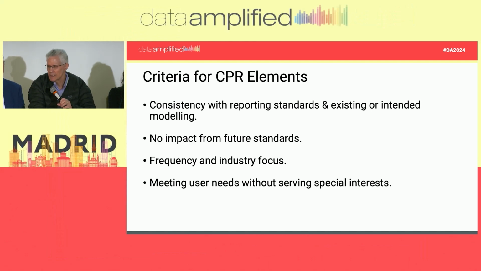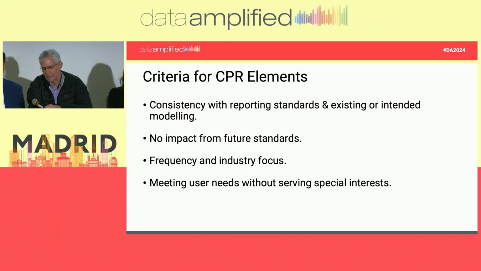That's something we would take into account. And then we don't really want to be beholden to special interests. Every now and again, we'll get a request to add something because somebody thinks it's important. If it doesn't meet our other tests for inclusion, we're not going to include it in the taxonomy.